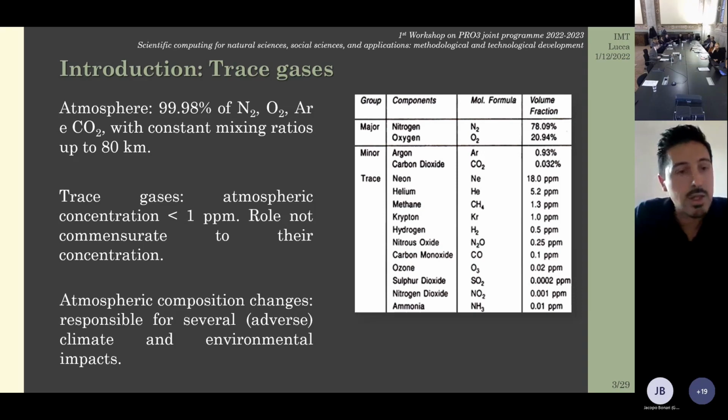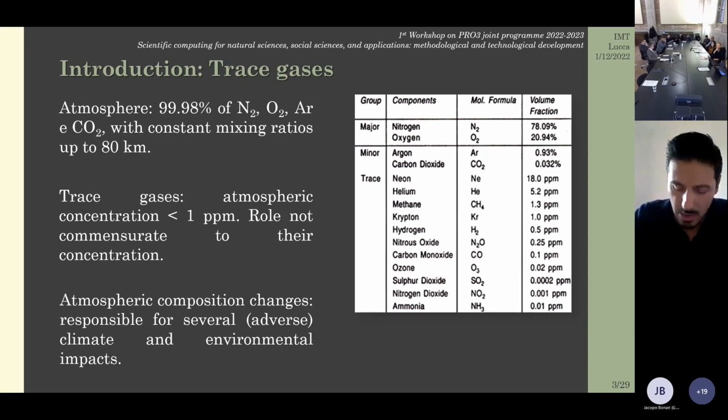We know that in addition to the main atmospheric components, the atmosphere contains plenty of trace gases whose concentration is lower than 1 part per billion. However, their role is not commensurate to this low atmospheric concentration.